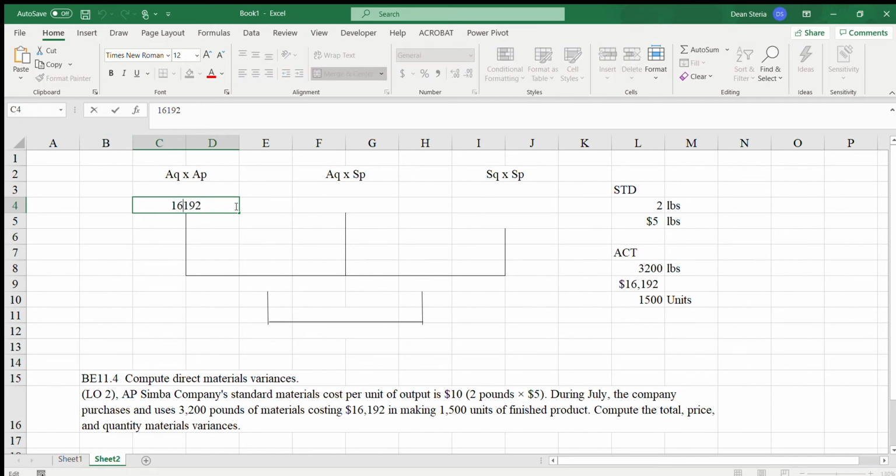And then we're going to have to calculate our actual quantity times standard price. So my actual quantity was 3,200 pounds. So now I'm going to take that 3,200 pounds times my standard price, which is $5 per pound.